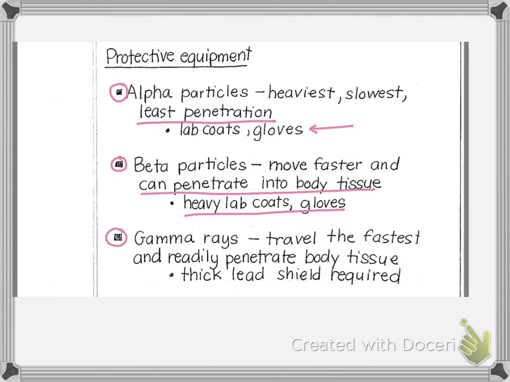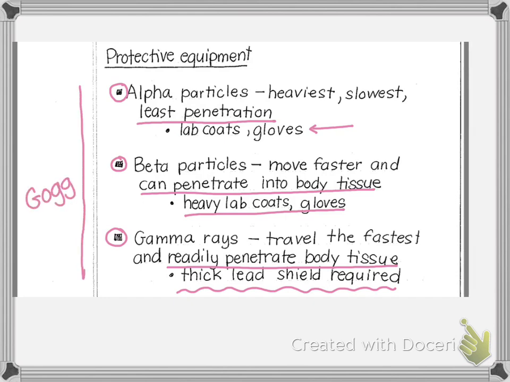But gamma rays, which have the most energy and travel the fastest, can readily penetrate the body tissue, and so for this you would have to work behind a thick lead shield, along with the gloves and lab coats. One thing I think I didn't mention here is it's always best to wear goggles when you're working in the lab.